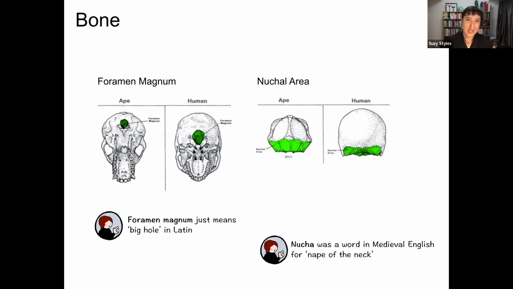The larger the nuchal area, which is the low flattish part at the back edge of a skull, the larger that nuchal area is, the thicker and stronger and more load bearing the muscles that attach there are. So we heard in the video that we just watched about the nuchal ligament. That's another sign of an important strength point.